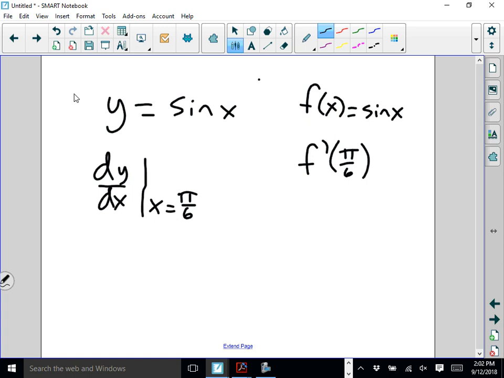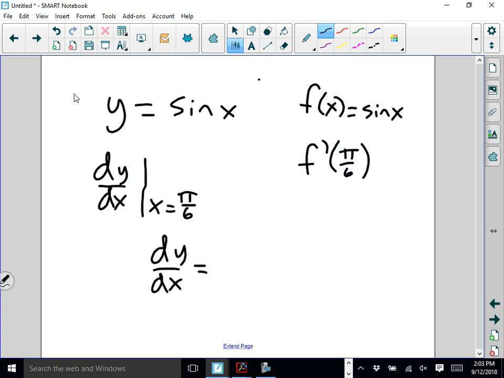So before we evaluate our derivative at a point, we just need to find the general dy dx equation, or f prime equation. So first, let's find what dy dx equals. Well, what is the derivative of sine x?